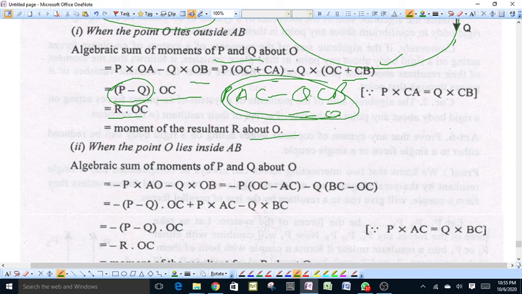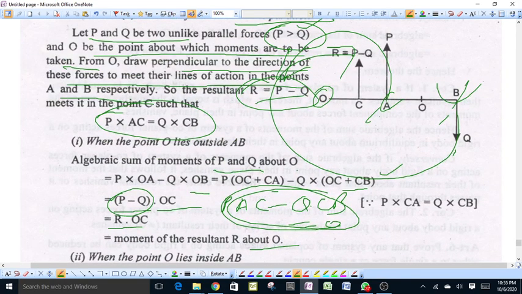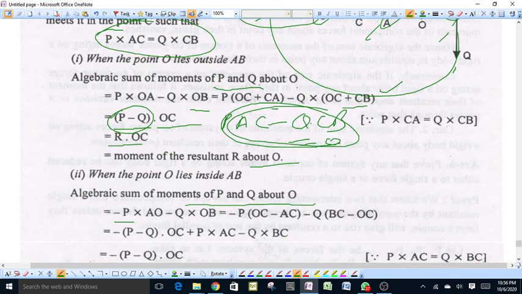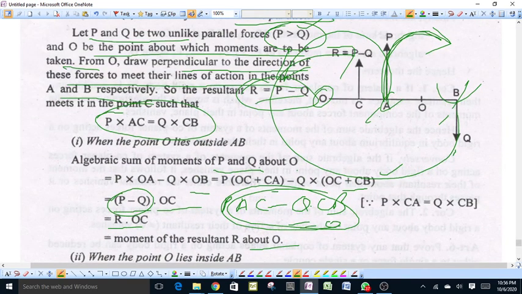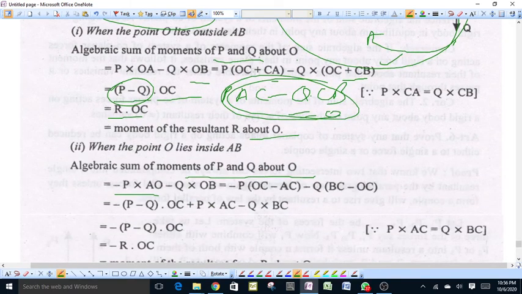The algebraic sum of moments of P and Q about O: because O lies between A and B, the sense of moment produced by force P will be clockwise, therefore we have taken it as negative, and the moment of force Q will also be taken as negative. That gives minus P into AO minus Q into OB.